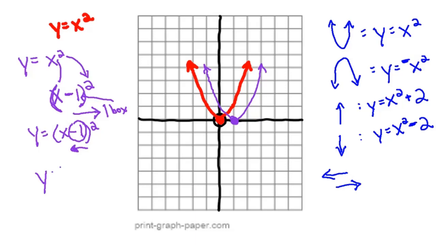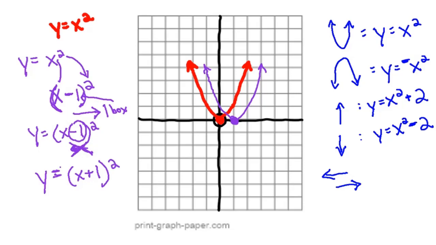So if you want to shift it backwards, this is not backwards, so I'll scratch it out. If you do want to move that parabola backwards to the left, then you're going to want to put a positive number there next to the x and then square it.